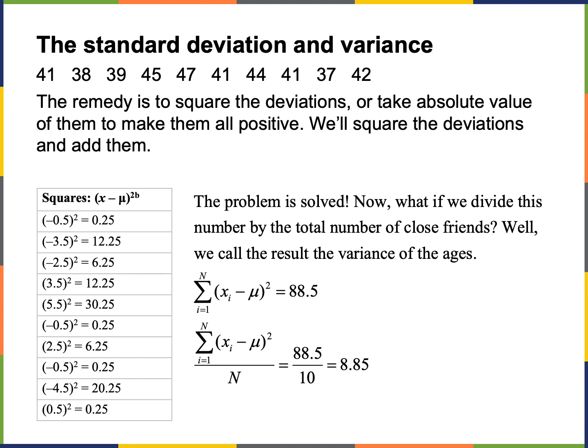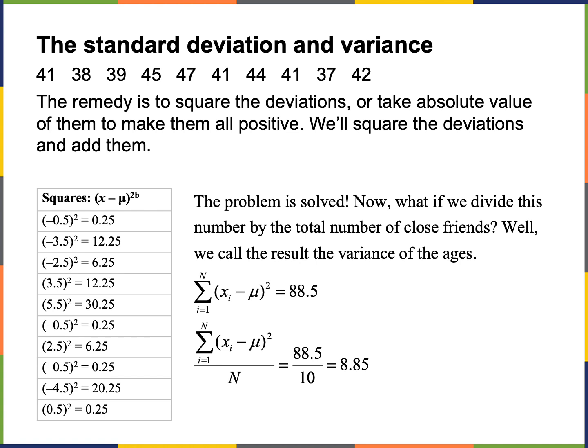So we take the average of these squares, so we add them all together. Remember the lesson about this weird capital sigma, which means to add all of them together, all of the squared deviations. We get 88.5, and we divide that by the total number of numbers, in this case our population size, and we get 8.85.